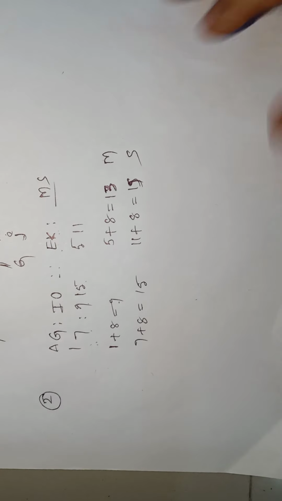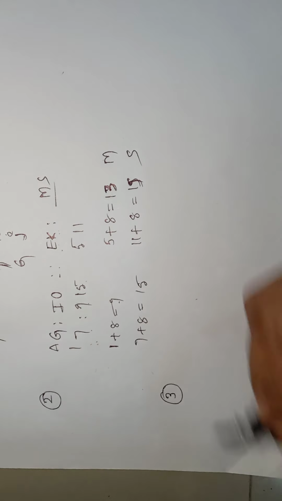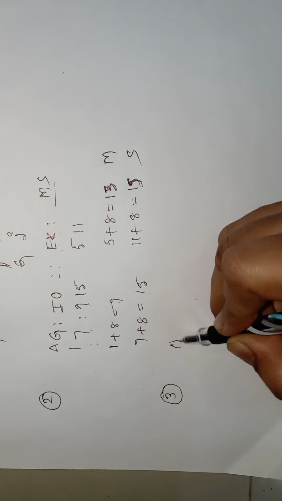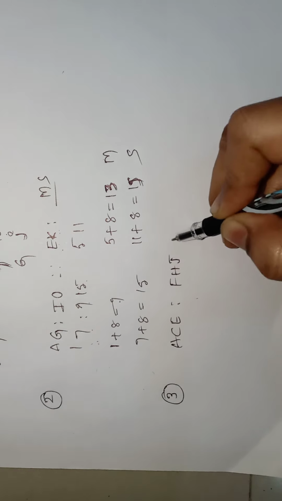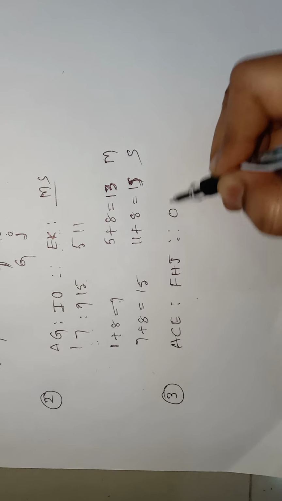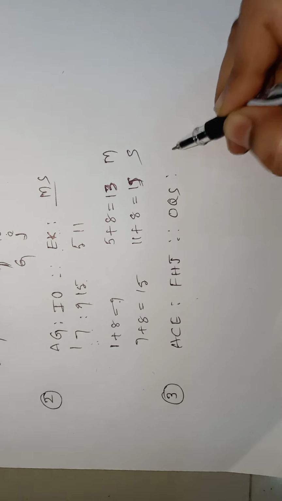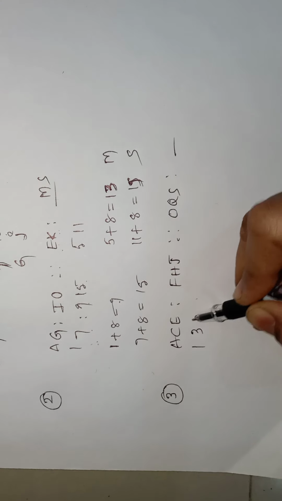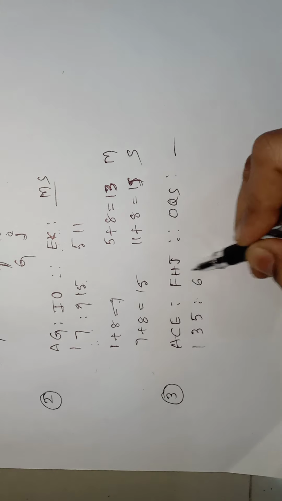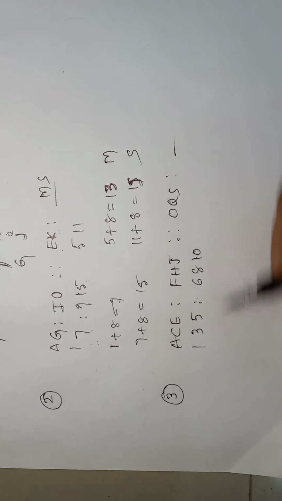Now take the third example. ACE is to FHJ as OQS is to dash. Now 1, 3, 5 is to 6, 8, J means 10.